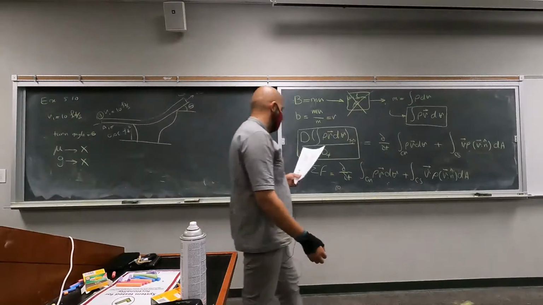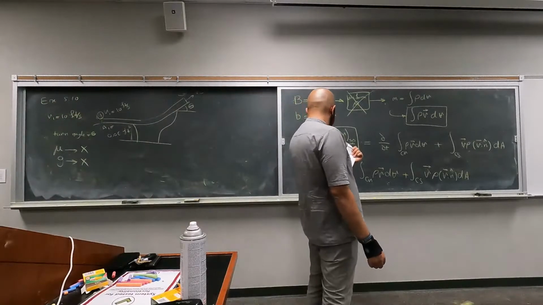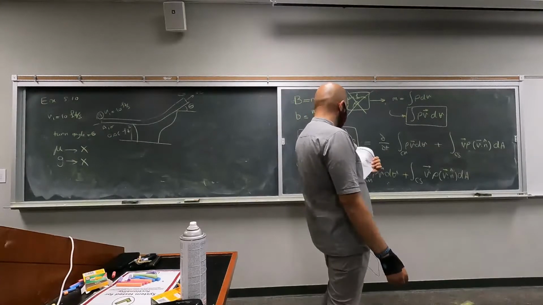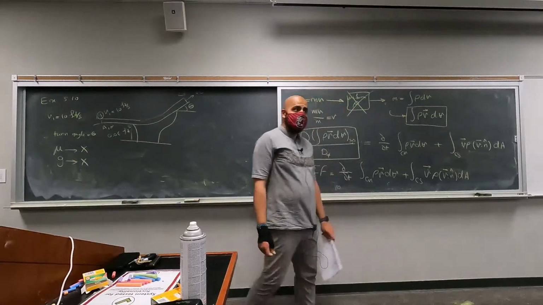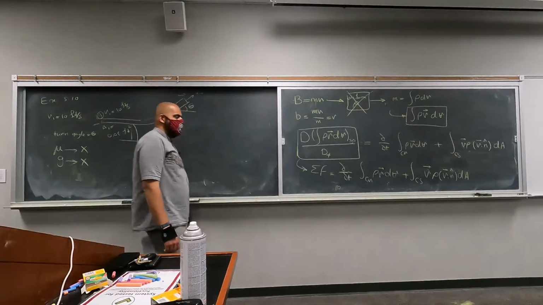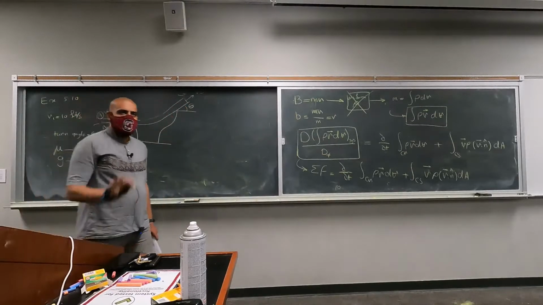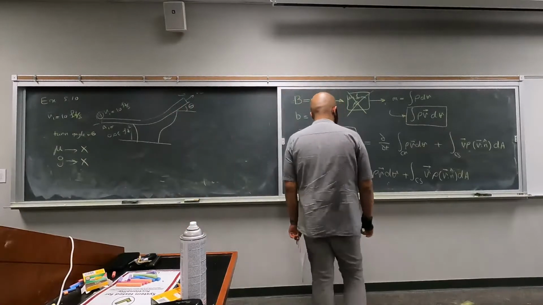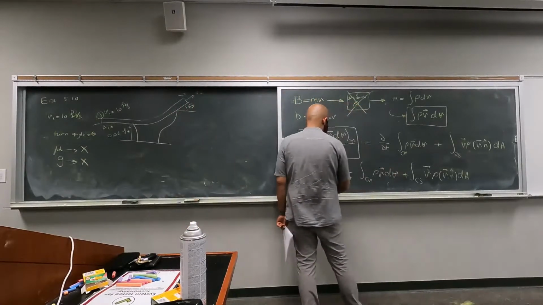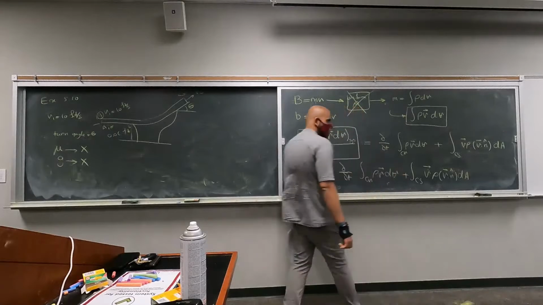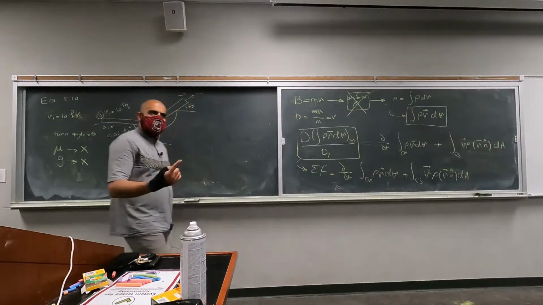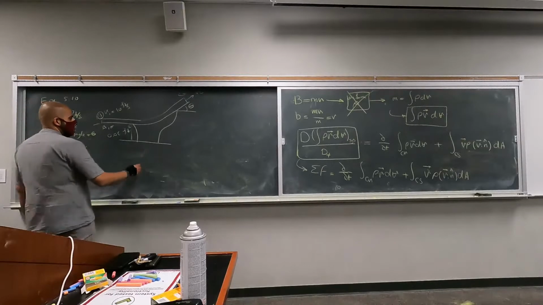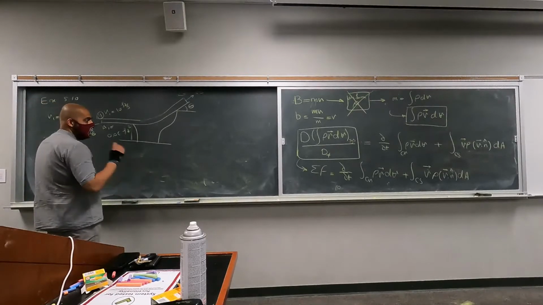The first thing is we are not told whether this is a steady state or a transient condition, but since we don't have any time dependence, we can assume that it is a steady state condition, so this part goes to 0. And there is only one force that is applicable here, and that is the anchoring force.